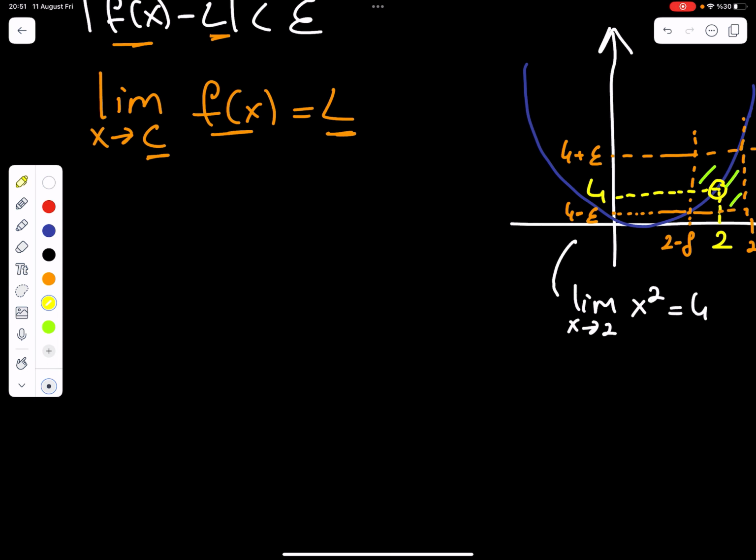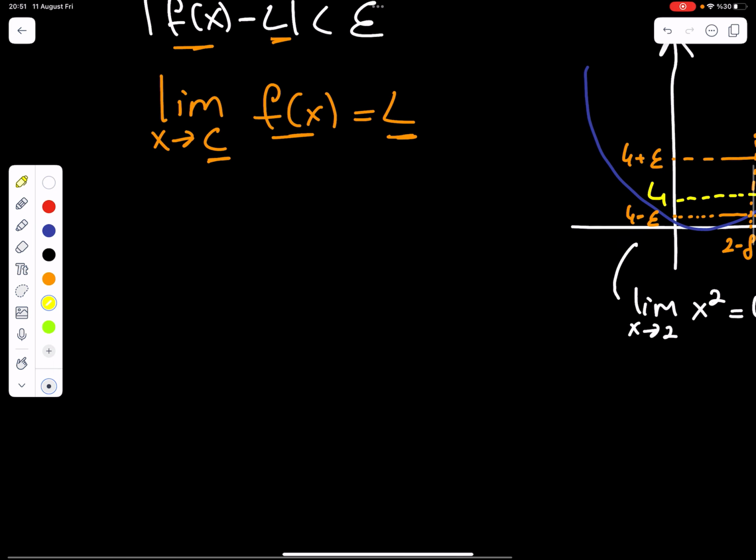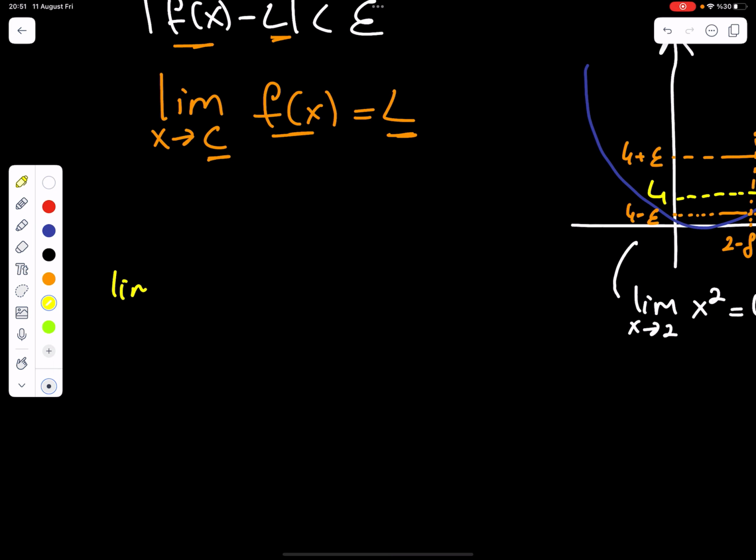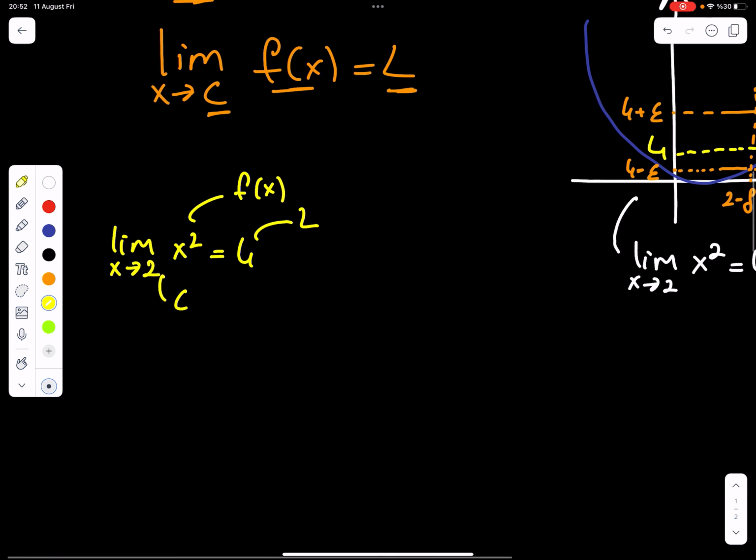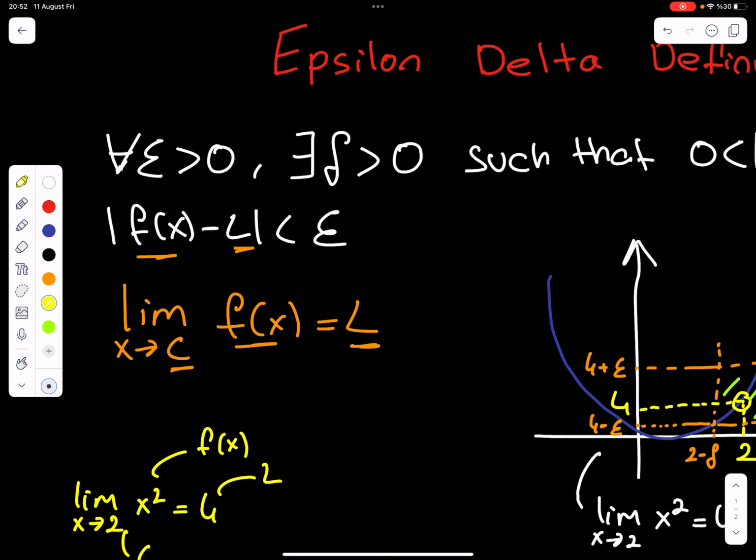Now let's prove this true by mathematical statements. Now we know this is L, this is f(x), and this is c. Now let's say the absolute value of x minus 2 is smaller than delta, because we know according to the statement.